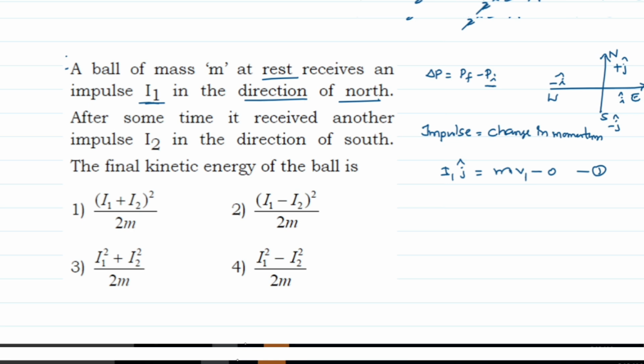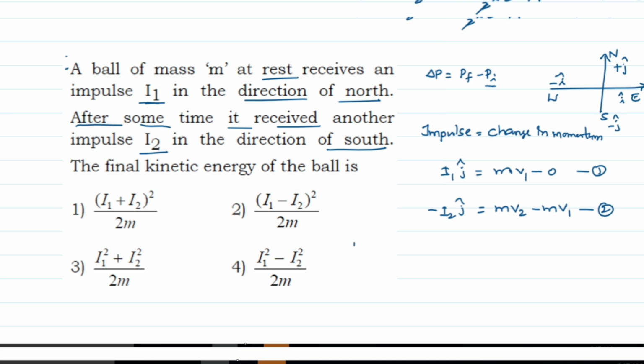In the second case, after some time it receives another impulse I2 in the direction of south. Now in the direction of south you have to use minus I2 j cap, which will be equal to the final momentum, let us take m v2, minus the initial momentum, since it already has a certain velocity, m v1. Let us take this as equation 2.